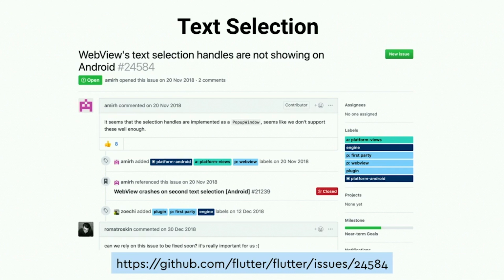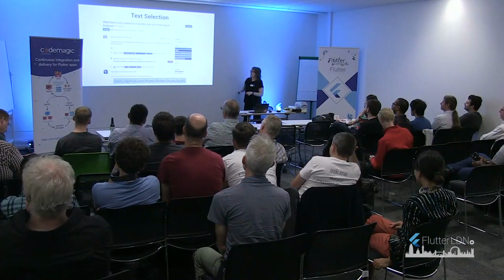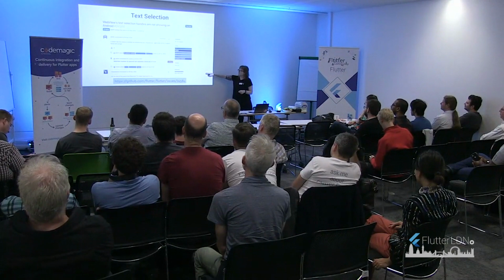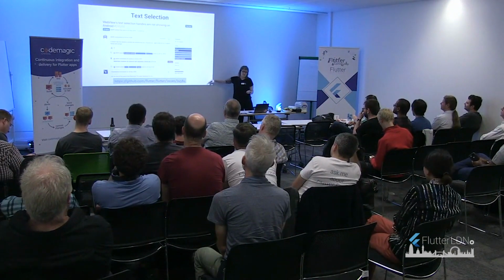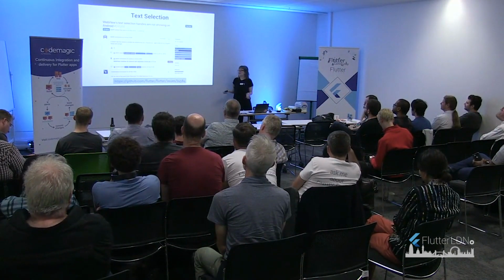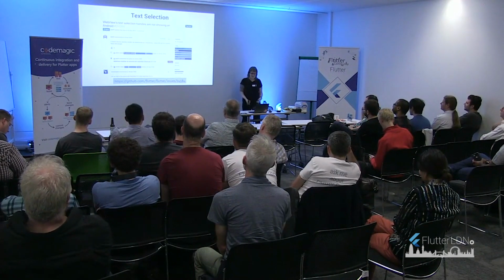So you cannot select anything. And this is still not fixed. Yeah. And there's a milestone near 10 goals, which I don't know what it means, so I guess it's soon. Yeah.